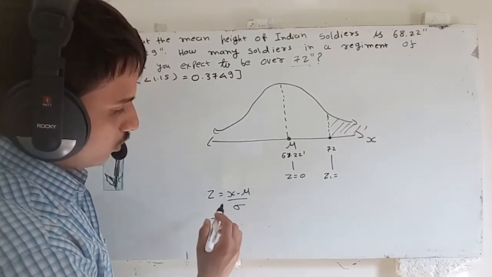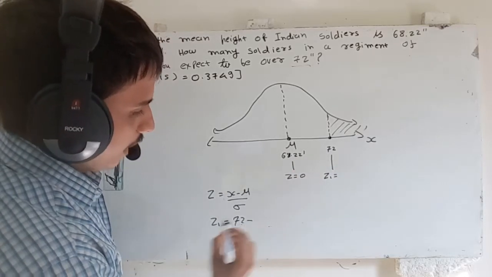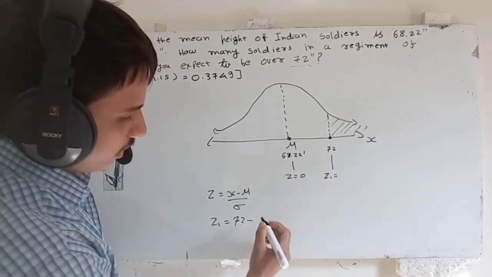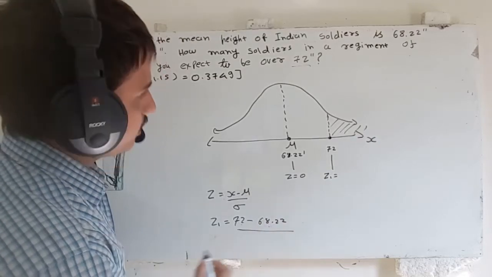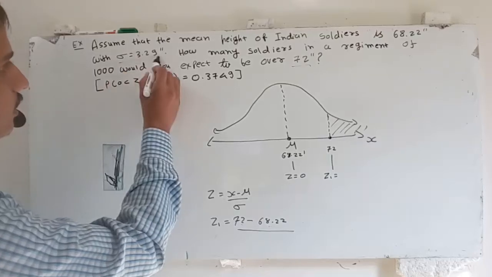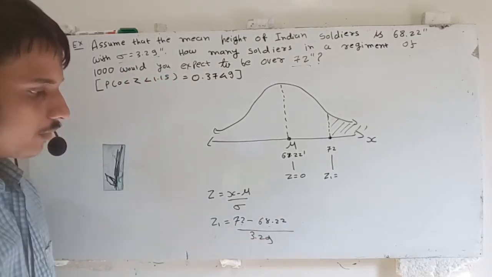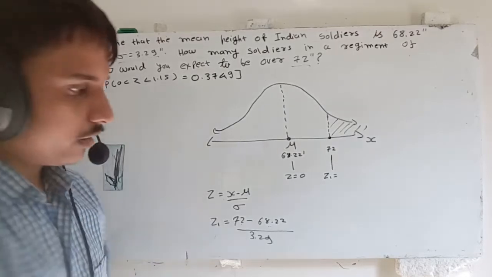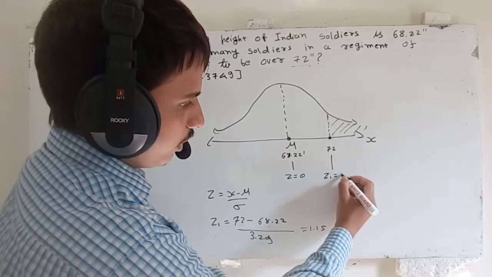So Z1 is equal to associated X value, it is 72 minus mu is 68.22 and divided by sigma, given in the question, it is 3.29. Now if you evaluate this, you will get 1.15. So Z1 will be 1.15.